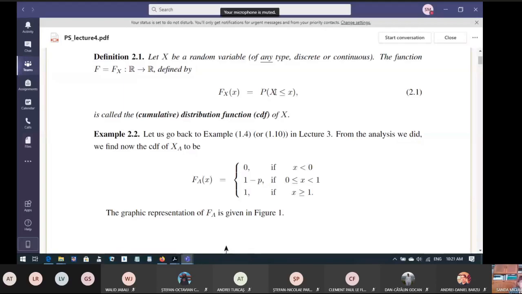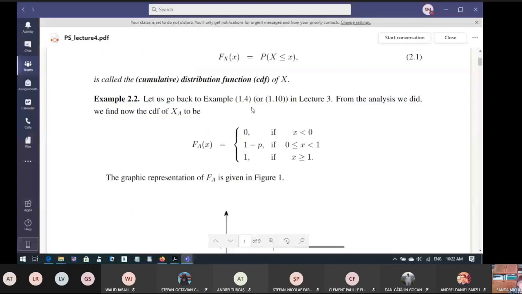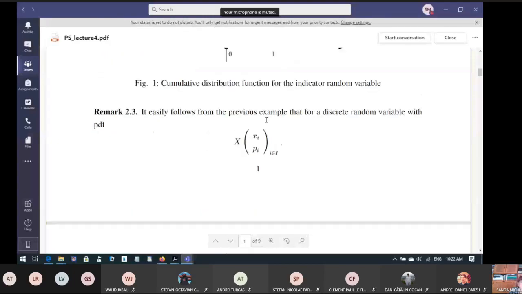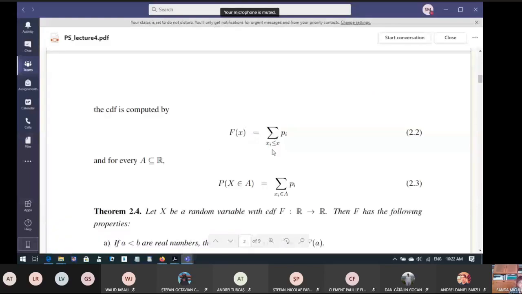This is defined on the entire set R. Okay, so how do we actually translate this event in the discrete case? Well, we're simply looking at the values that the random variable takes. And those values are listed here in the first row, right? So to say that capital X is less than or equal to little x is to say its values, which are xi, are less than or equal to x.